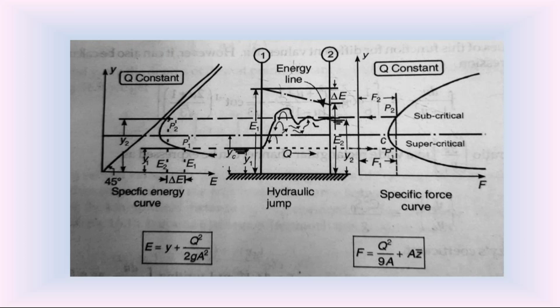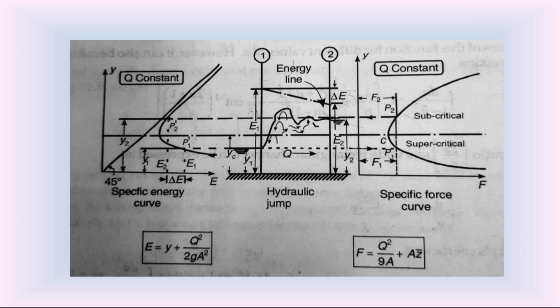When water is released from the bottom of the sluice gate, that water flow will have a hydraulic jump. And when the dam releases the water at the bottom of the spillway, we have this hydraulic jump.